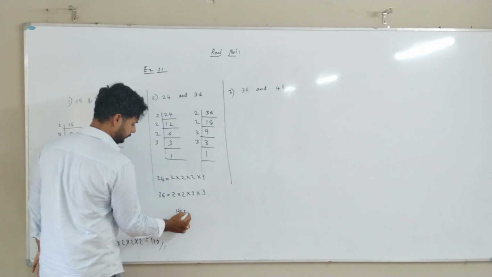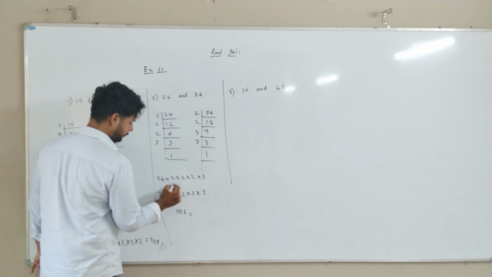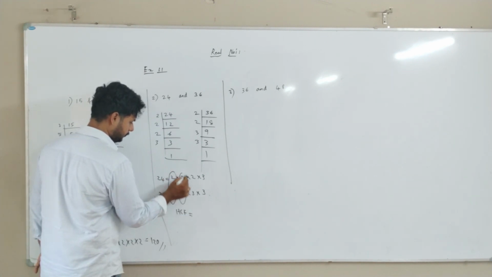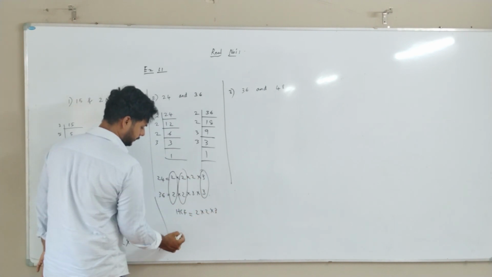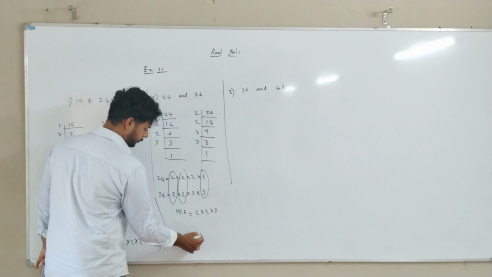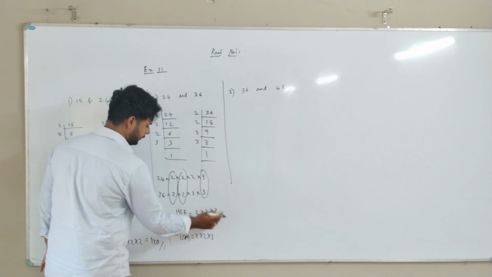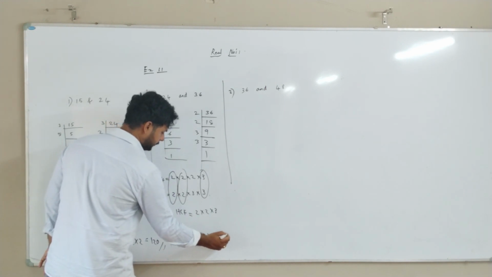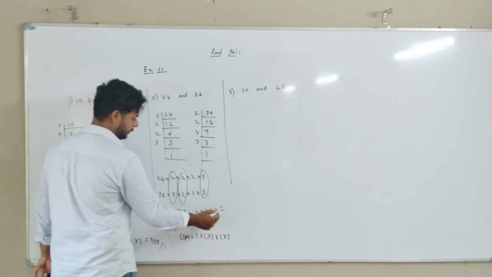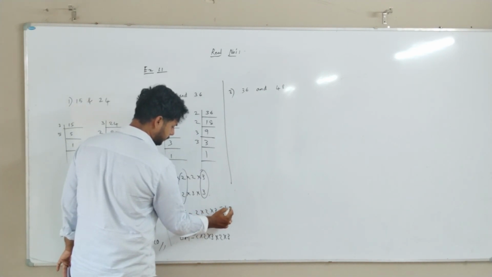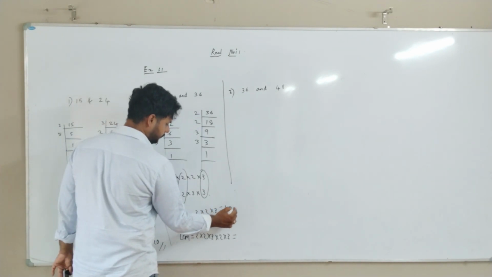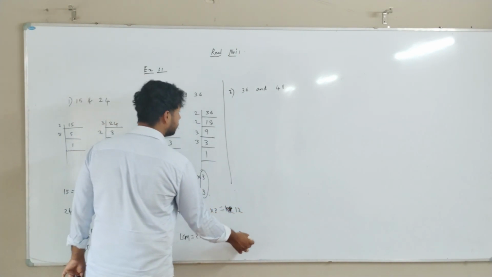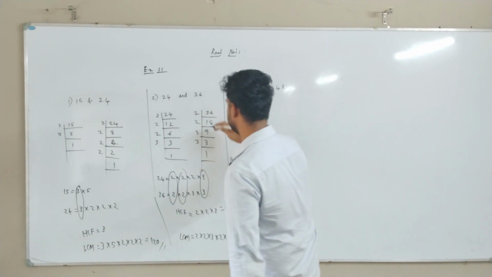HCF is 2 into 2 into 3. LCM is 2 into 2 into 3, then 2 into 3 is remaining. What is the answer? 6 and 6 is 18... 4 threes are 12, sorry. The LCM is 72.